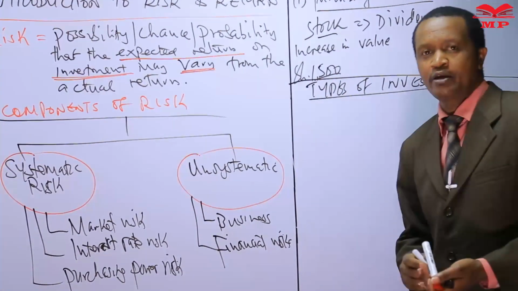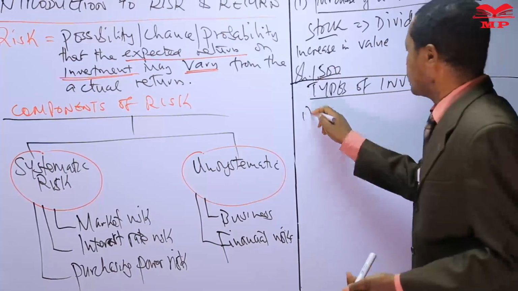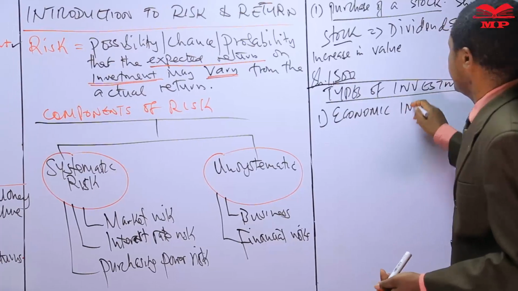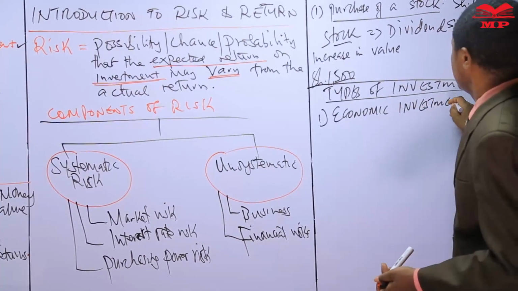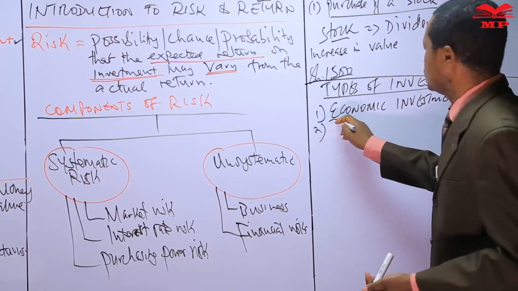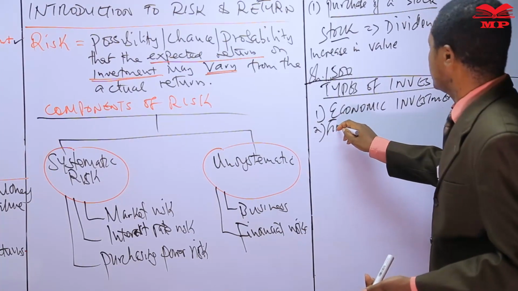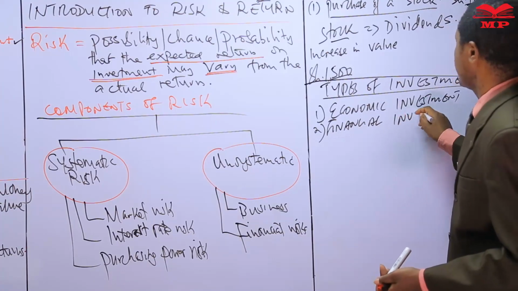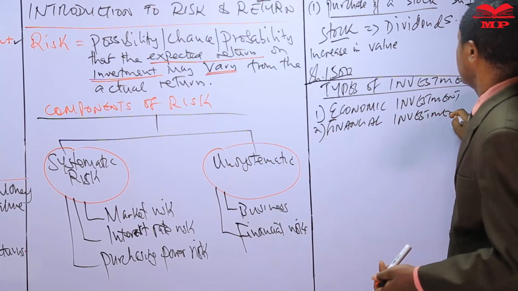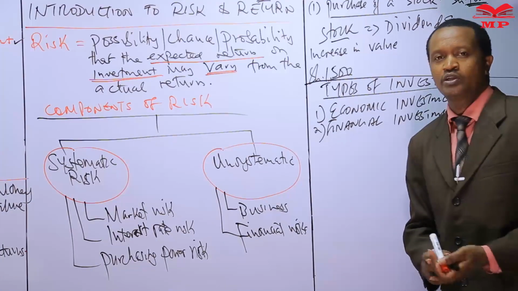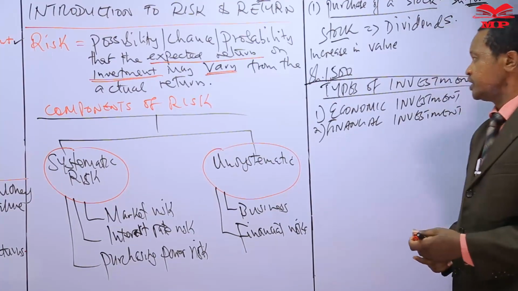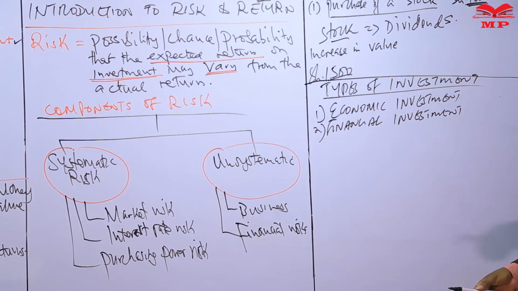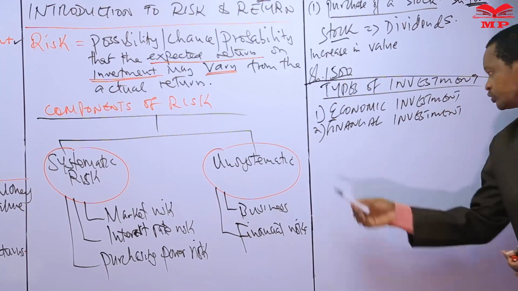Investment may be either economic investment, or two, financial investment. So there are two types of investment. Number one, the economic investment. Number two, the financial investment.